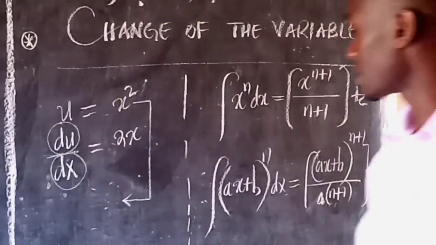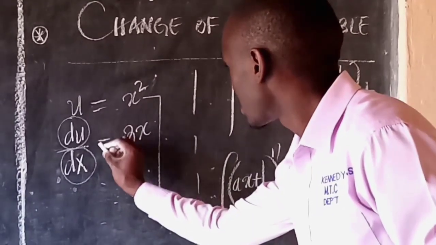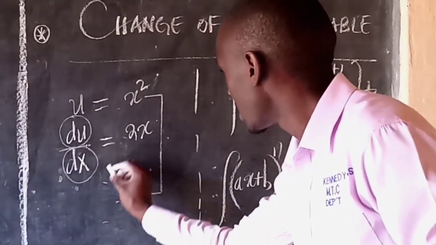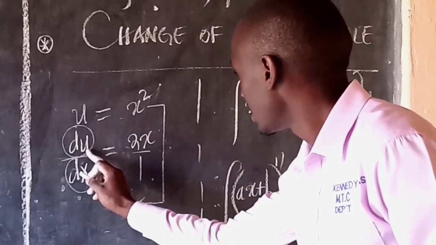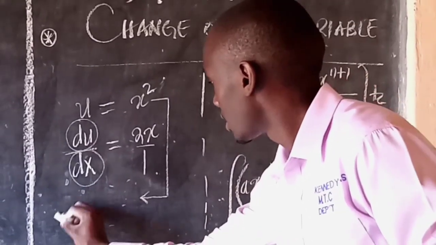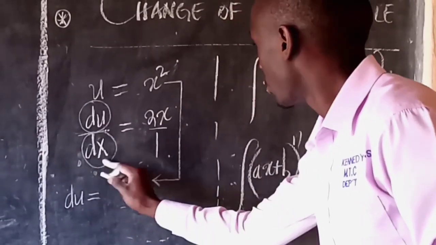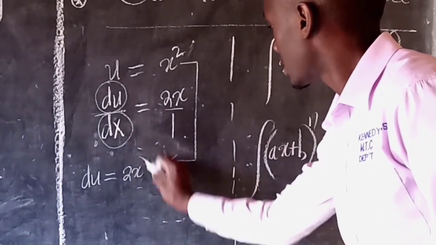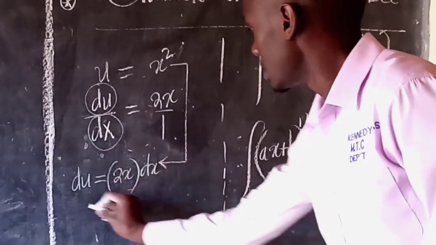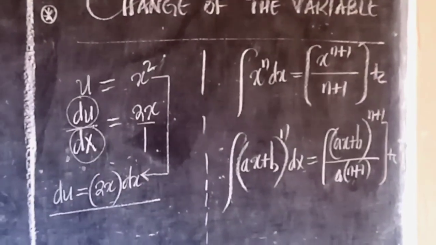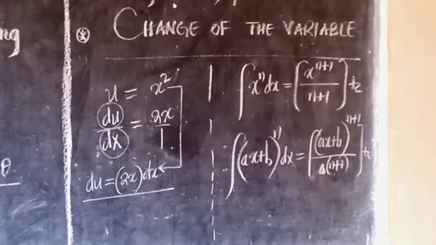From this statement, one would agree with me that when you cross multiply, this statement becomes du, which is equal to 2x multiplied by dx. That is a very special statement under integration 2.